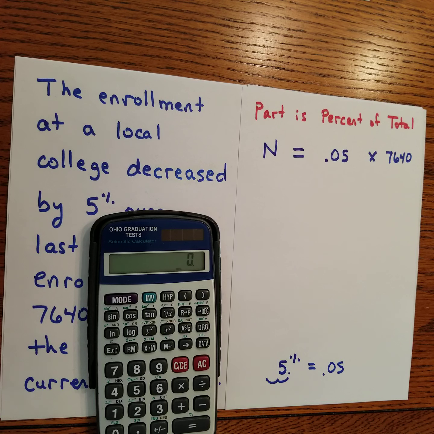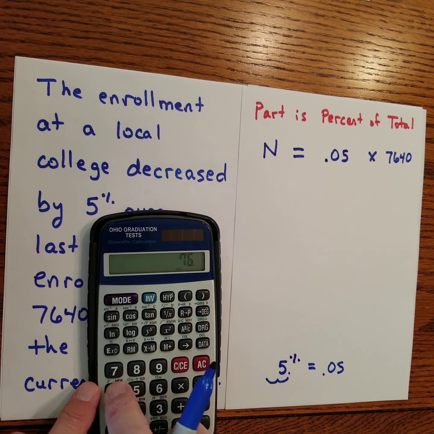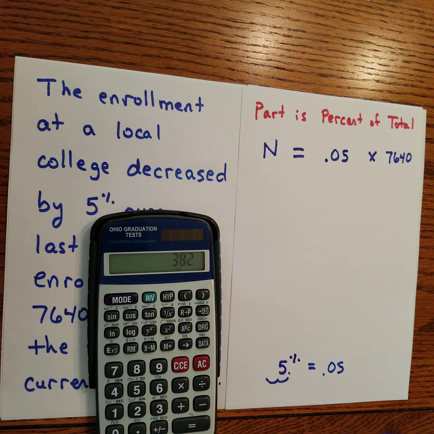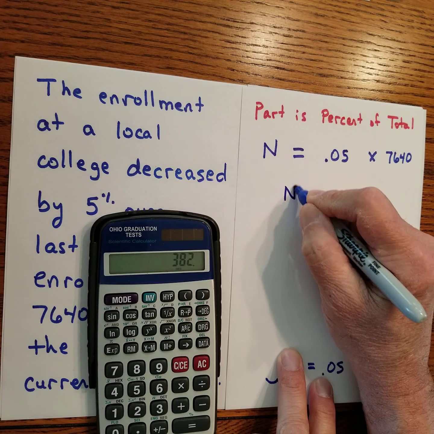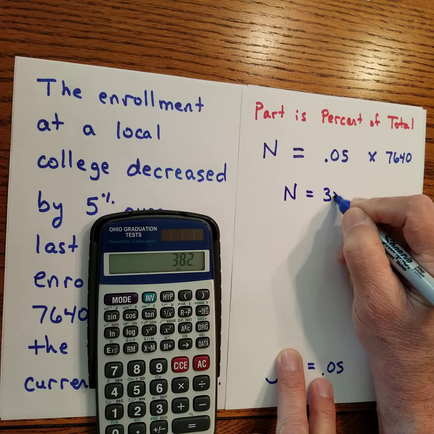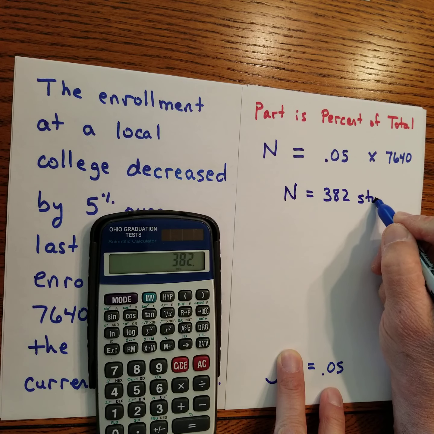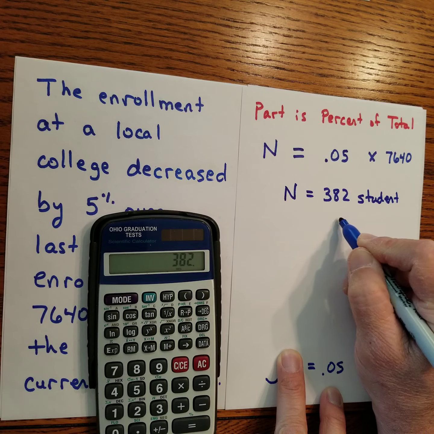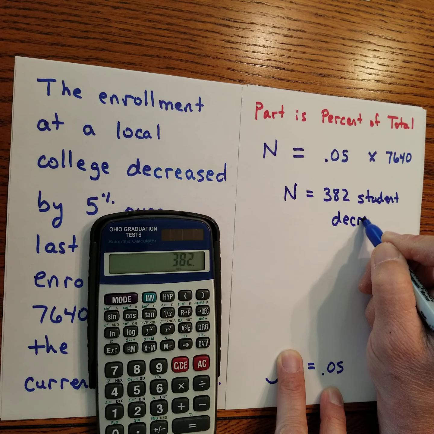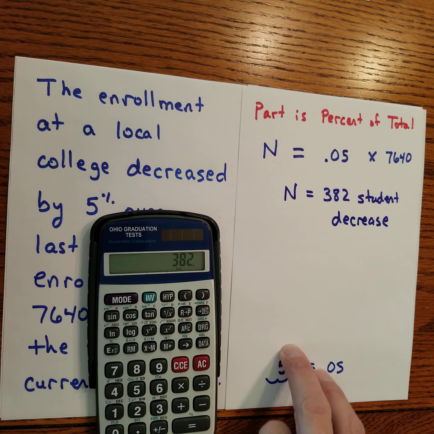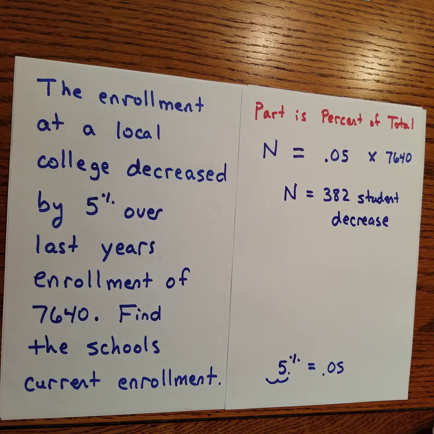Let's use a calculator to multiply 0.05 times 7,640. And I get 382. That's a 382 student decrease. But I haven't answered the question yet. The question was to find the school's current enrollment.